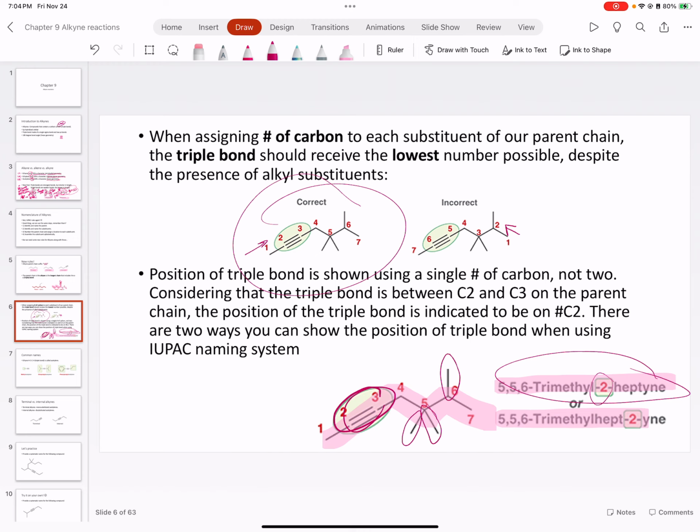And of course, on a test, as long as you know your substituent positions, you know how many substituents you have, you alphabetize them correctly, and you know where your alkyne starts, and that you put the correct suffix, then you should be good.